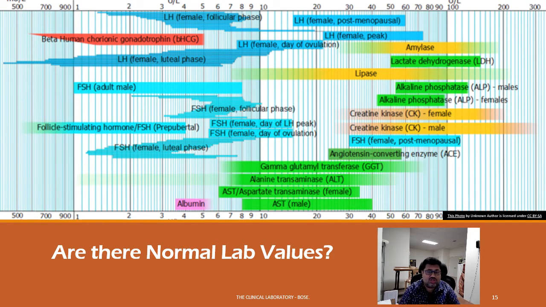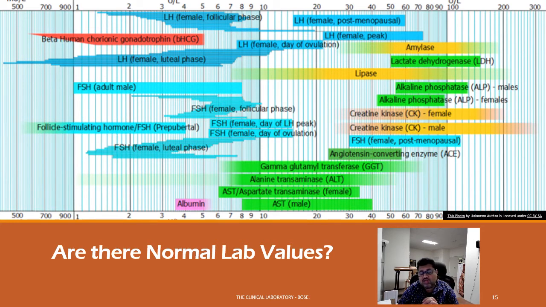So the question arises: are there some normal lab values? So yes, normal lab values are a set of upper and lower limits or reference ranges, generally given as a range or with more-than or less-than signs, since normal values may vary from person to person and laboratory to laboratory. And the presentation here is concerned with the adult lab values.